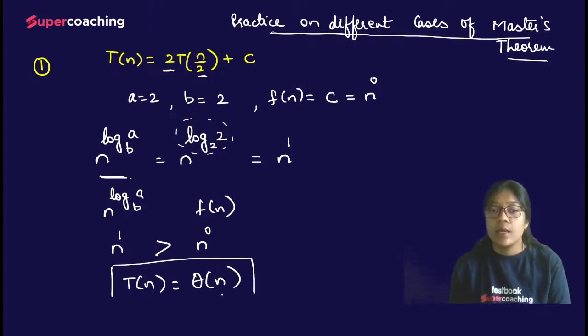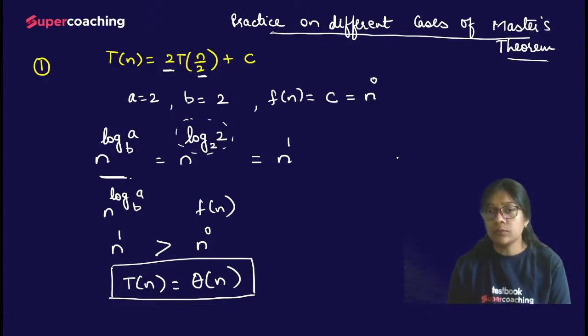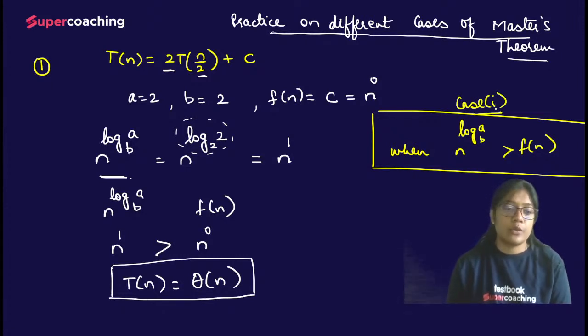Make sense? This is the first case when n raised to power log a is greater. So here I have applied the case when n raised to power log a is greater than f of n. So this is the example for case 1. So these are the steps that you need to follow.